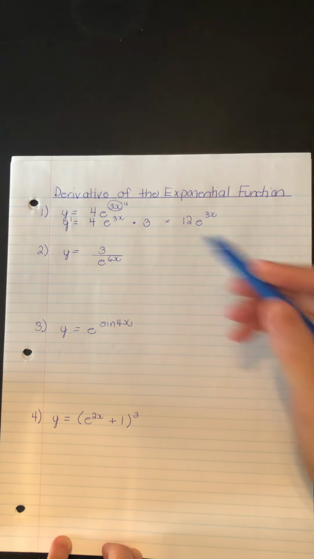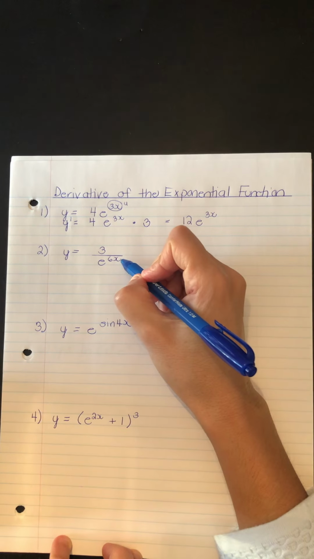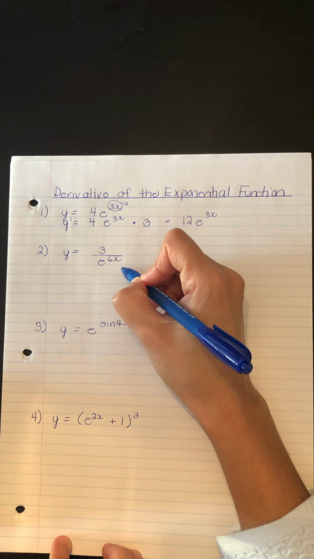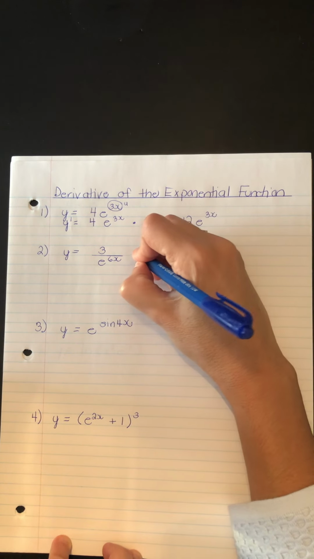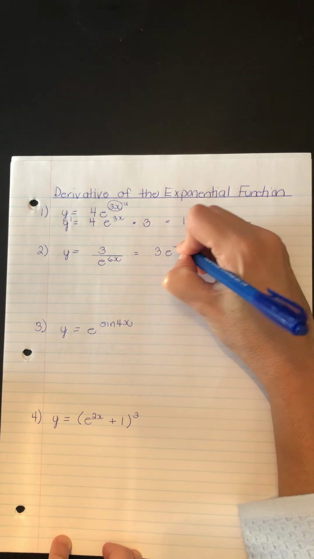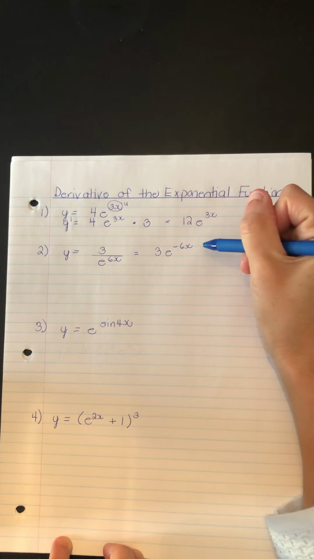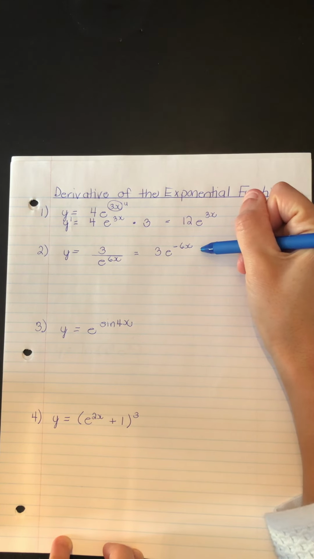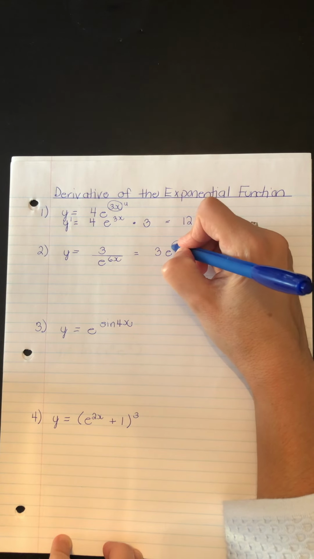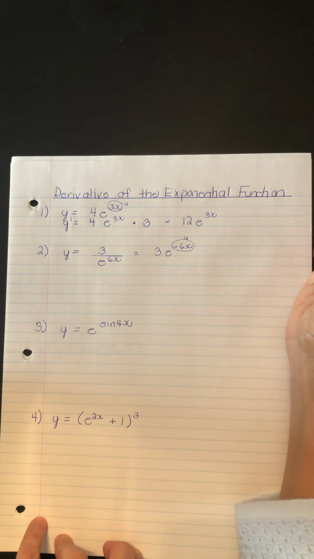Okay, taking a look at the second one, this is a similar example, except we would not begin with this function in the denominator. We would first rewrite the function y like this with a negative exponent. And now we could apply our derivative rule. This now is the u in e to the u.